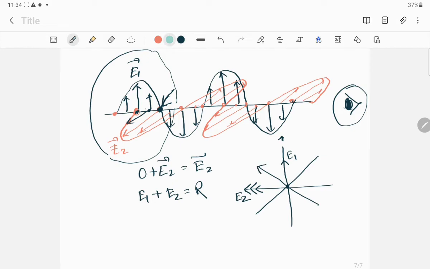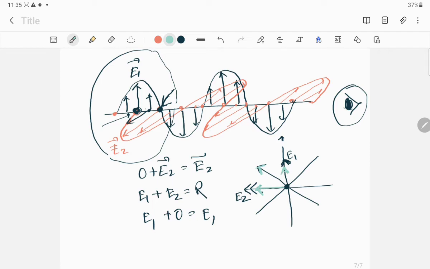Okay, so let me mark the resultant. First we had the resultant here. Second, we had the resultant here. Now let us go back to this point. At this point, E1 is there again and E2 is equal to 0, so we again have the resultant along E1 only.